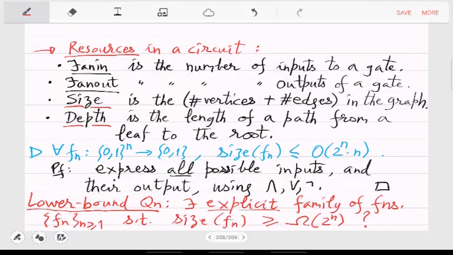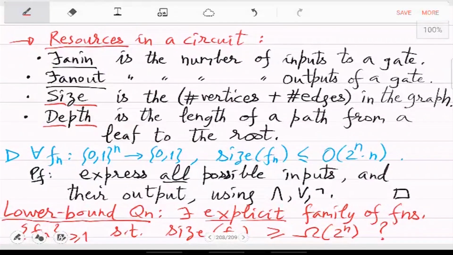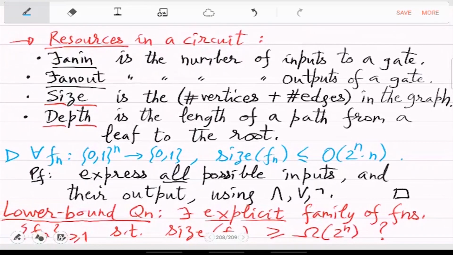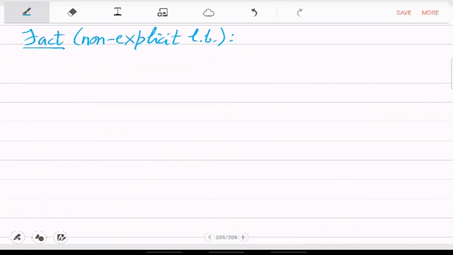Okay, if you don't put this restriction of explicitness or natural function, then we can actually show a result. So, the fact is about non-explicit lower bound. So, a non-explicit lower bound can actually be obtained easily.